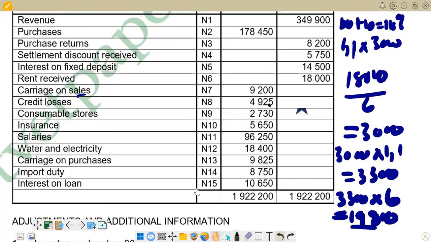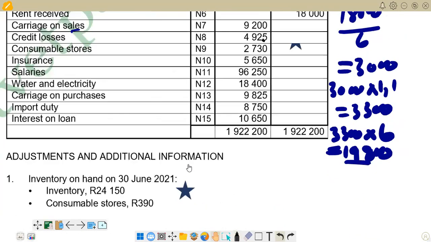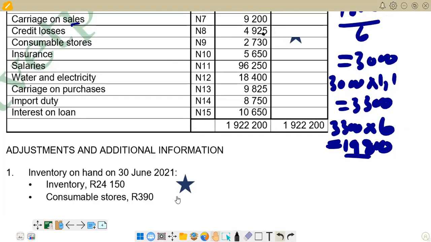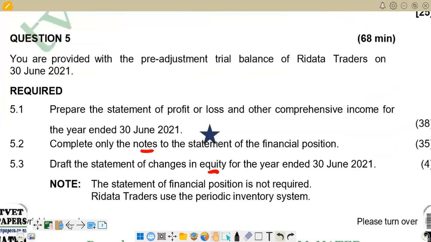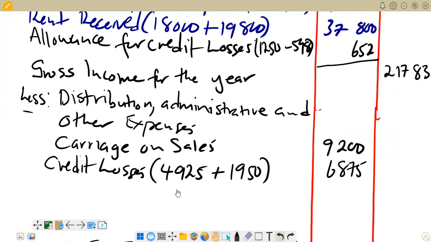So what it means is we bought consumables, and some of them we didn't use. So we are not only concerned about those which we used. From the consumables of 2,730 that we bought, we are left with 390. So the difference is the one that we used, and it represents the expense. So we are going to say 2,730 minus 390 to get the expense part.